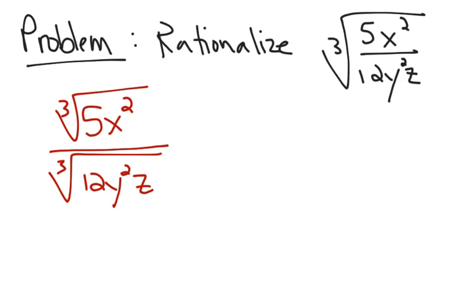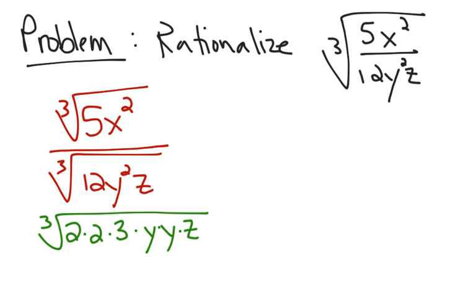So to help me out, I'm going to break down, using prime factorization, everything in the radicand of the denominator. So 12 is 2 times 2 times 3, and then I have two y's and a z. Okay, I need 3 of everything. I need 3 2's, but I'm missing a 2, aren't I? I have 1 3.